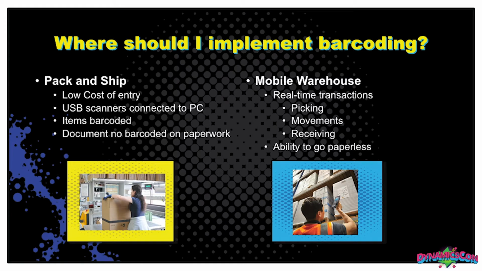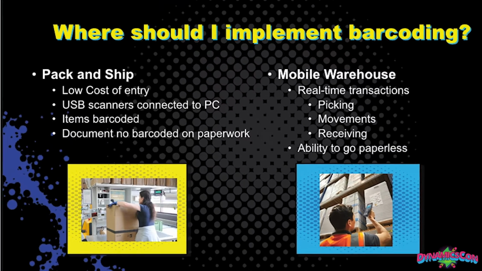So the first question I like to answer when I'm working with a customer is where should we implement these barcodes? There are really two different models that can work together and can also work independently of each other. The first that I would typically go to is a pack and ship model for our barcodes.